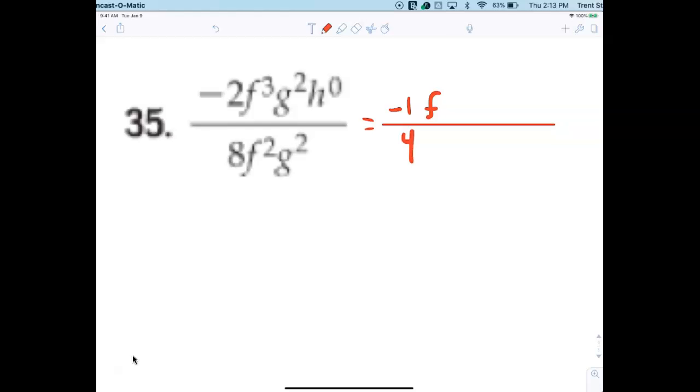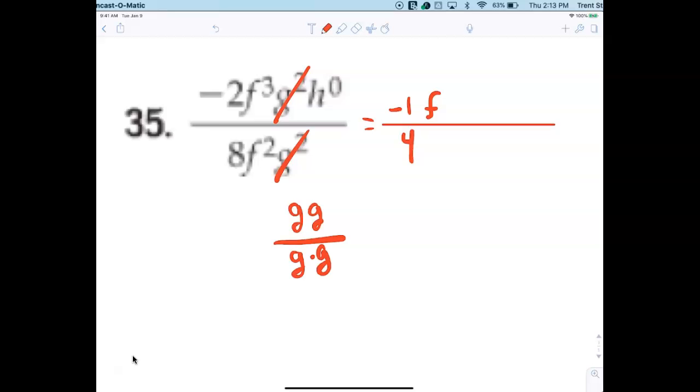Whoa, now listen, let's say we forgot. So that means G times G over G times G. Anything over itself is 1. Just minus. Yes, they cancel. Cross them out. G squared over G squared cancels. Then I have H to the 0.